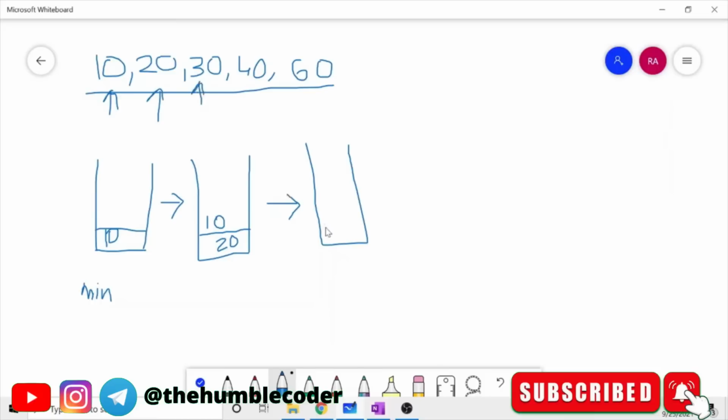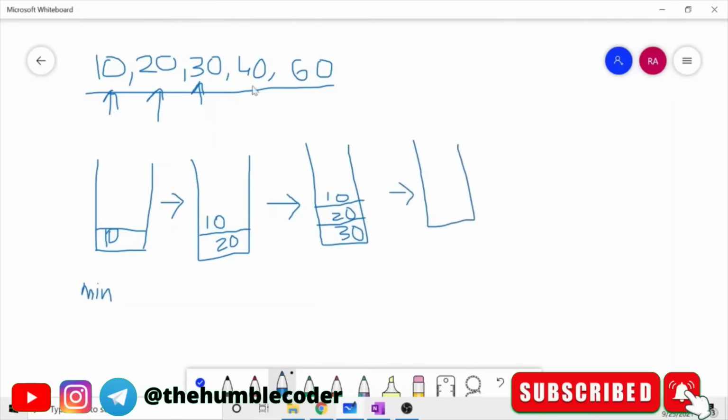When 30 will be inserted, it will come at the last since it is the largest element, and the remaining elements will be on top of it, and 10 will be at the topmost since it is the minimum element. Now here also our heap size is less than 3 only, so we will move on to the next step.